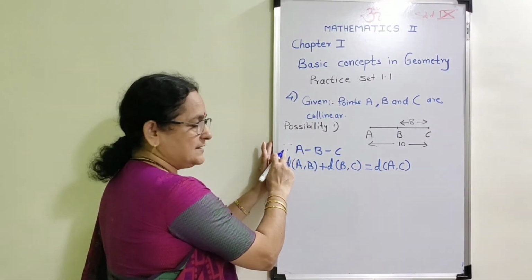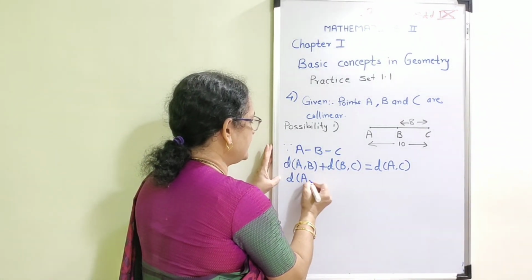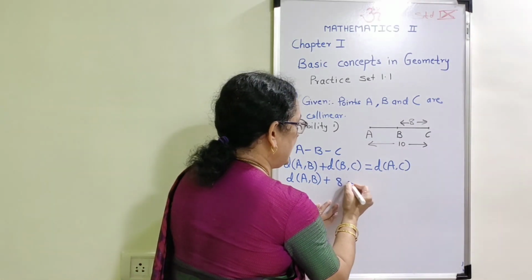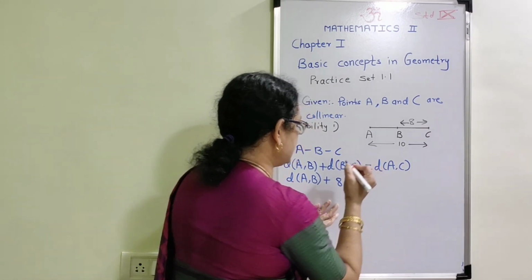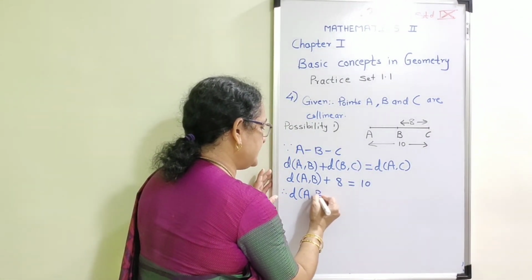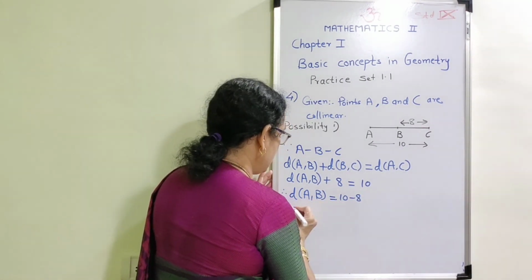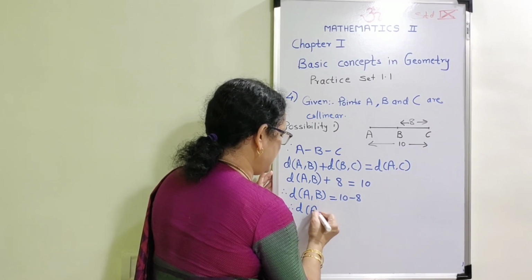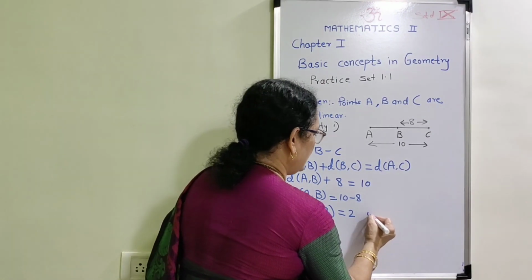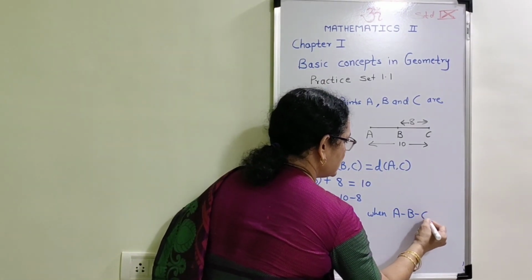I have given the reason at the top. Now substitute the values. I don't know the value of distance AB, keep it as it is. Distance BC is 8 and distance AC is given as 10. Now transpose 8 to that side. I will get distance AB is equal to 10 minus 8, and therefore distance AB is equal to 2 when A dash B dash C.